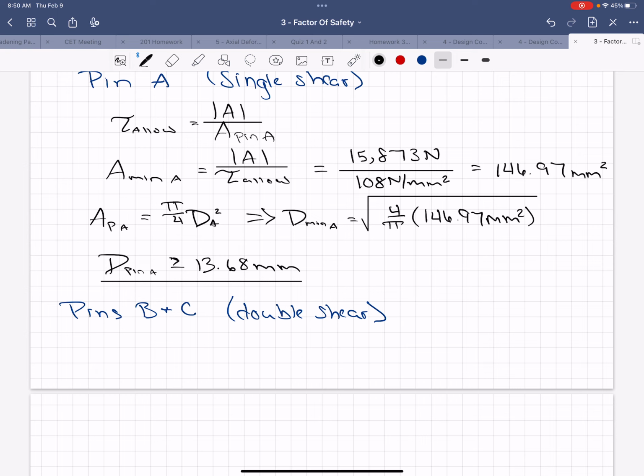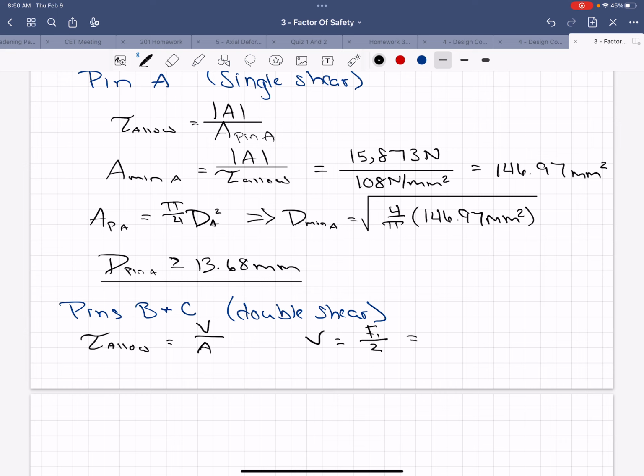So, because our equation is tau allow equals V over area of the pin, V in this case equals F1 over 2.